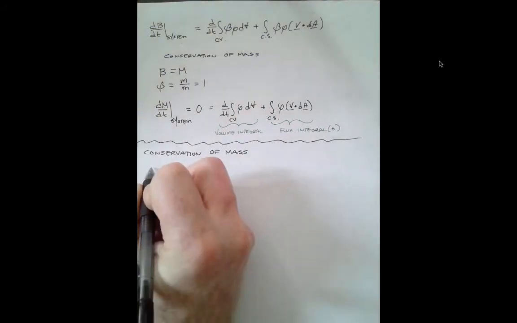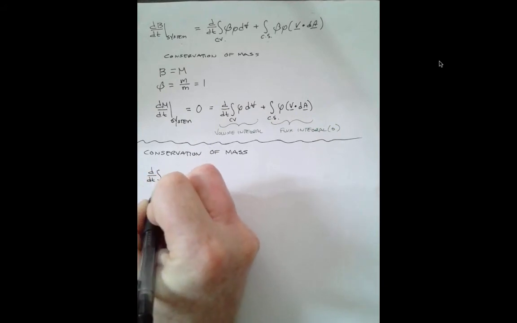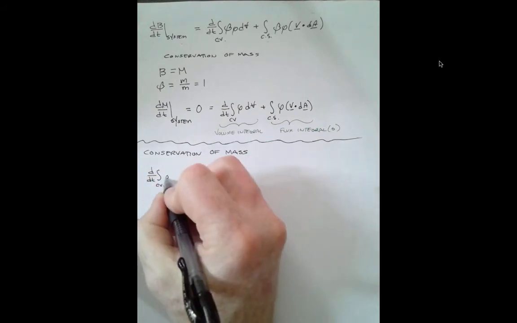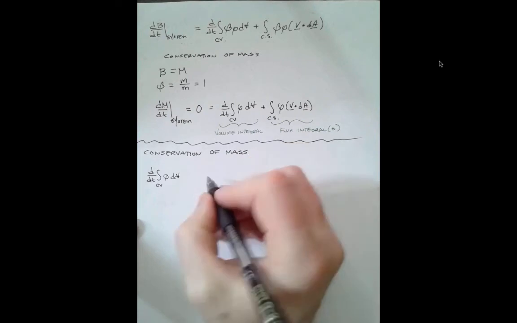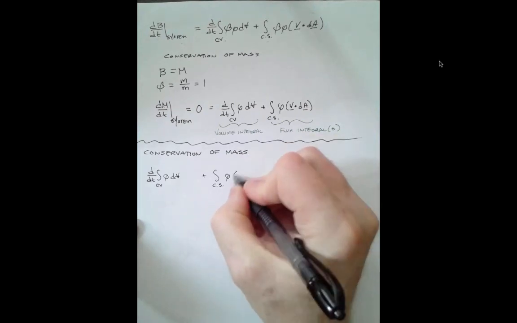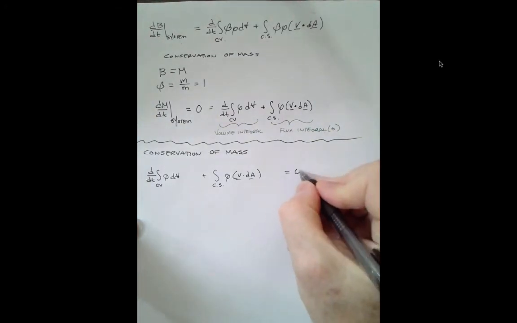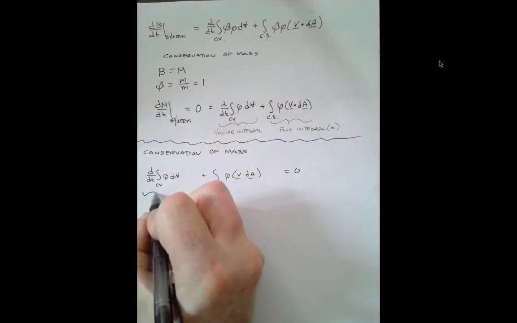So let me write the calculus version. d by dt, integral over the control volume, rho d volume, plus the integral over the control surface of rho v dot dA equals 0.